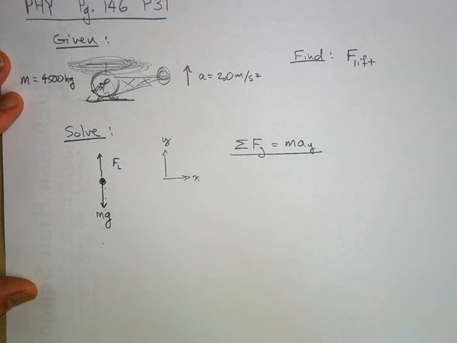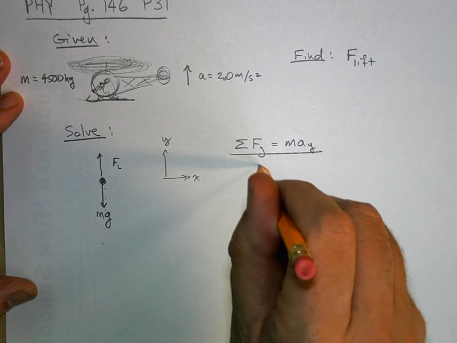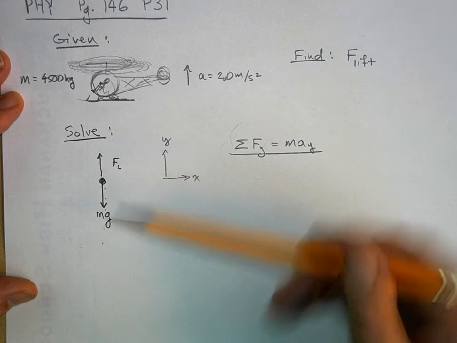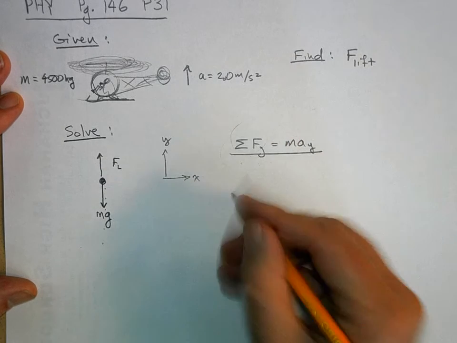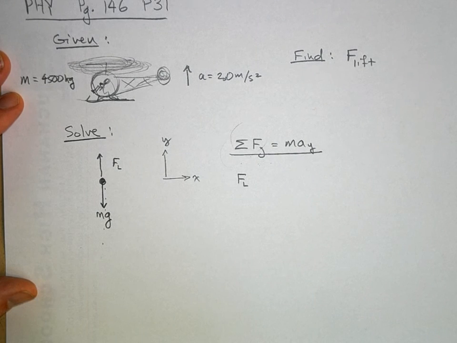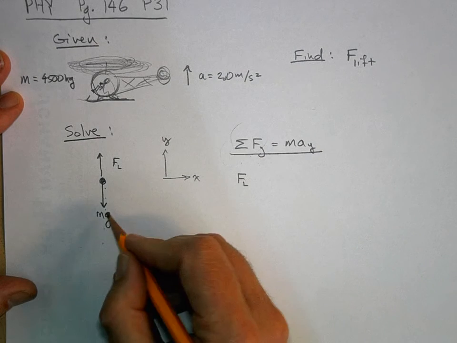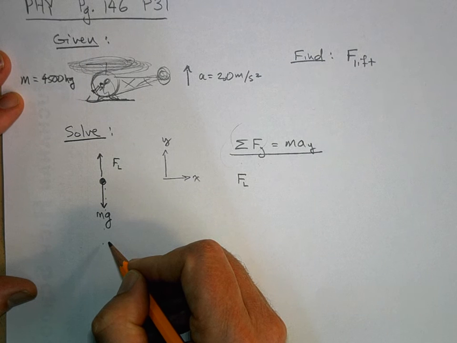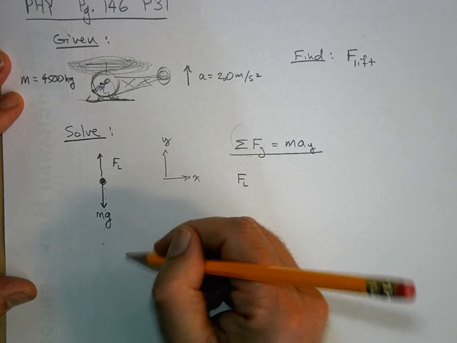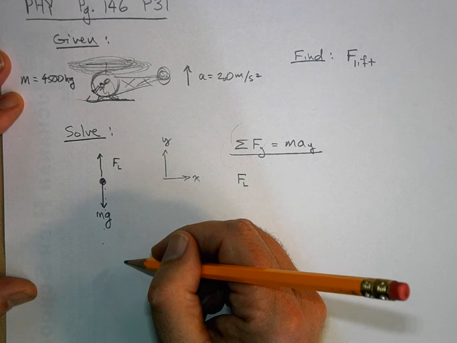These are a set of instructions. Add up the forces in the Y direction. That's what it's telling you to do. So look at your free body diagram. It's that lift force from the propellers plus the force of gravity, but instead of plus, what do we use? It's going down. Negative y.